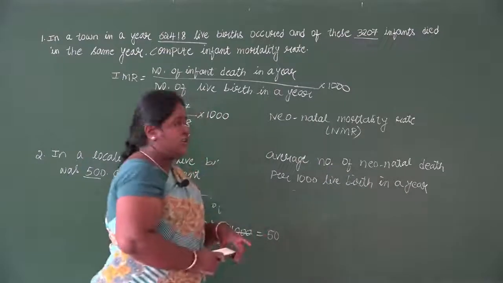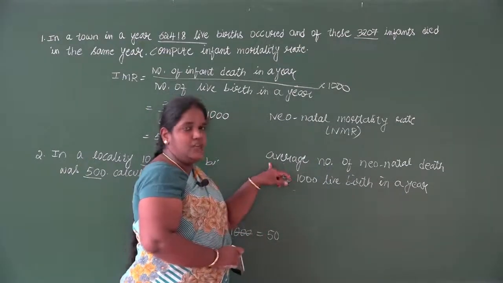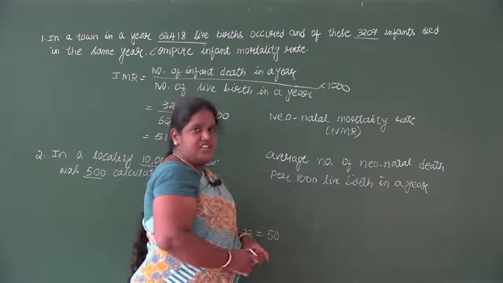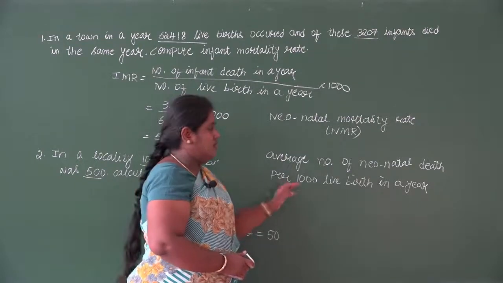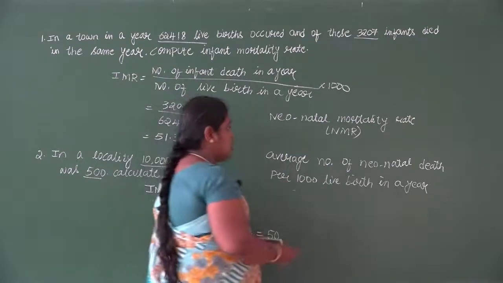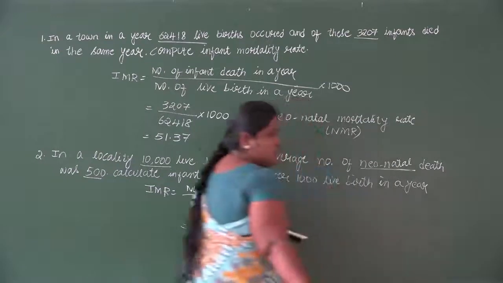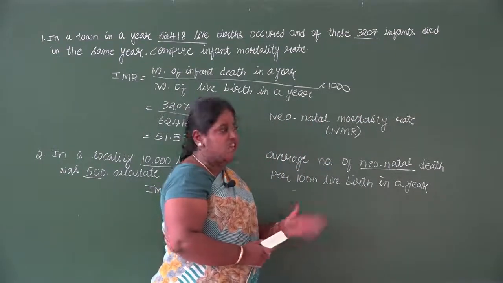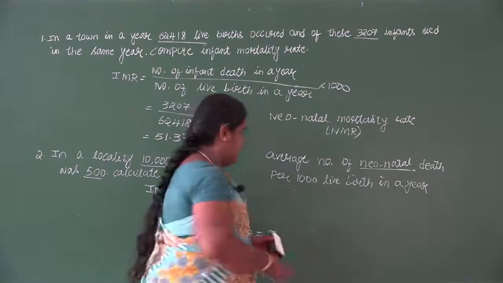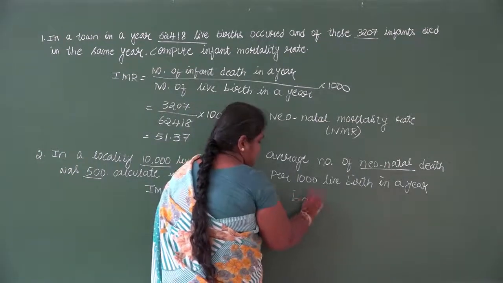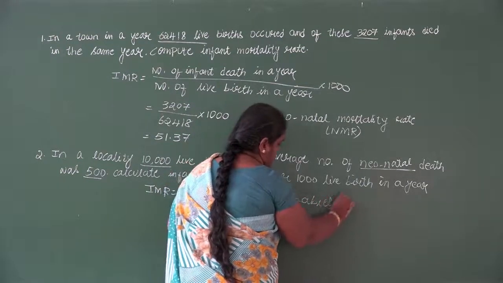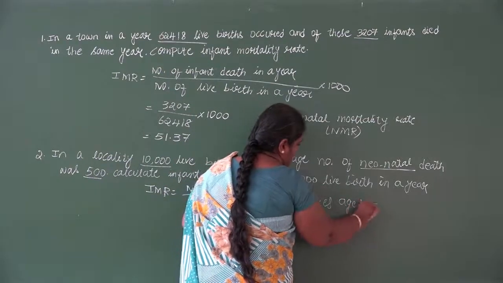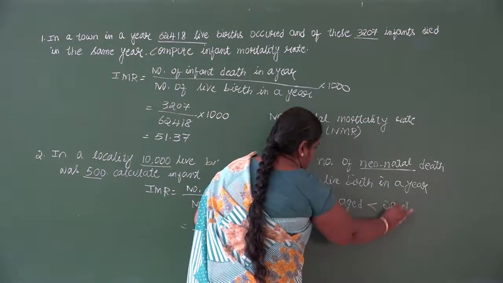So neonatal mortality rate is the average number of neonatal deaths per 1000 live births in a year. Neonatal babies means babies aged less than 28 days.